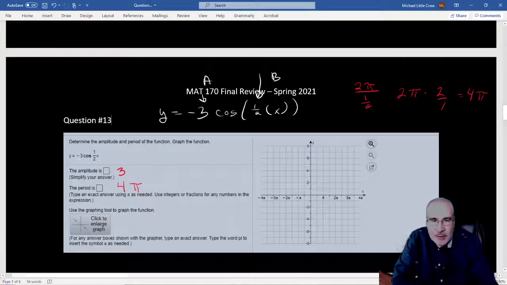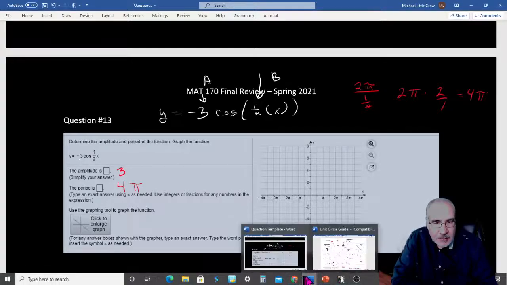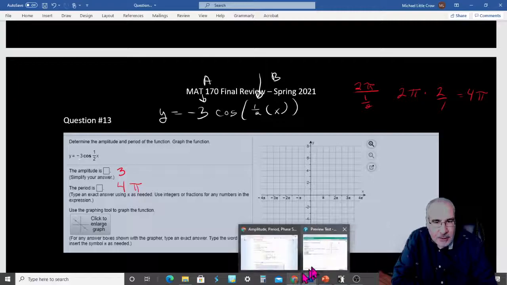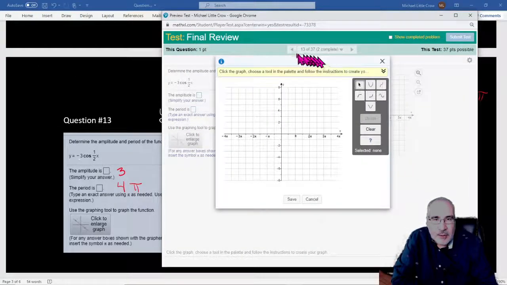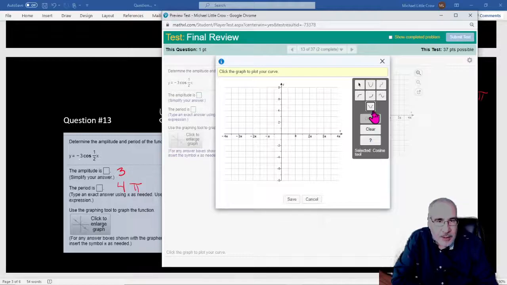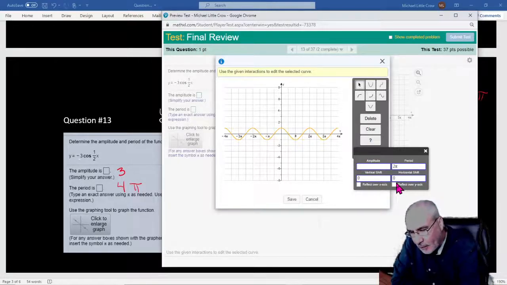And then we'll actually go ahead and use the graph from here, just so you get familiarity with the graphing tool. So this one here, this is the cosine tool. That's the one we want. So we click there. We've got an amplitude of -3.